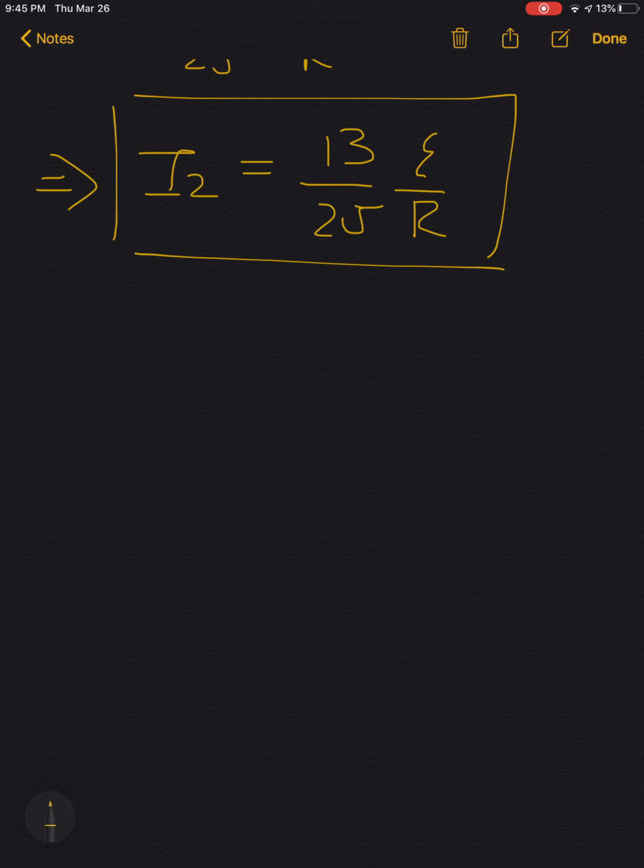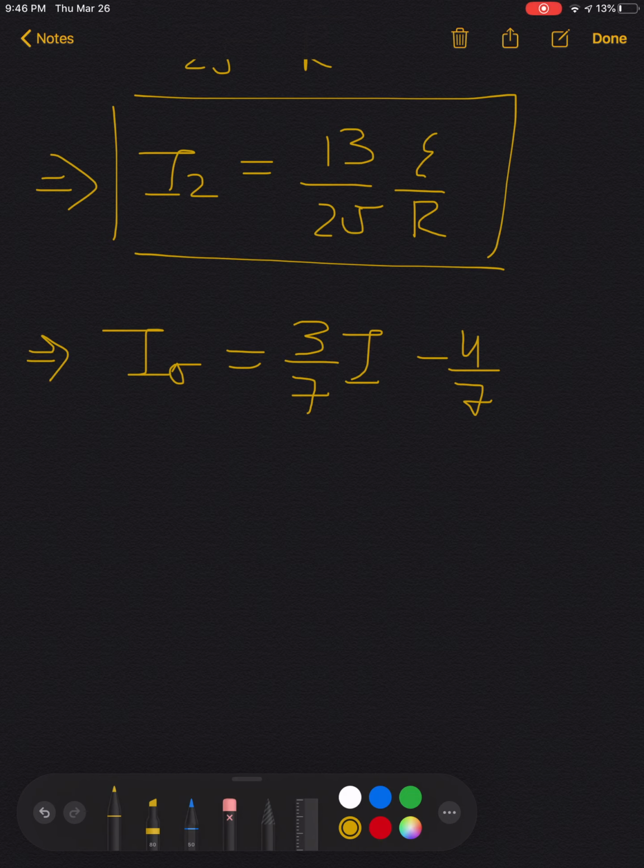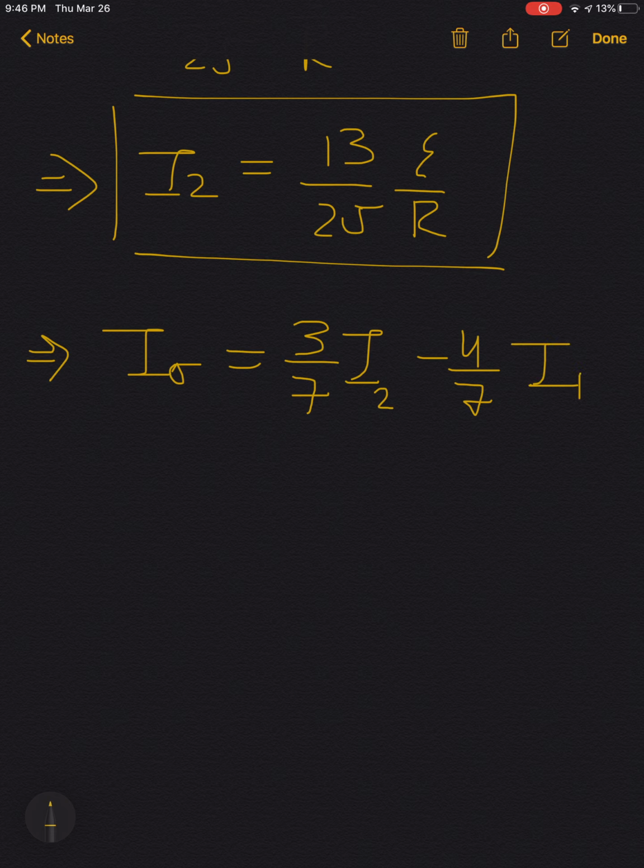And from equation 3 that we had all the way back when, we had shown that I5 could be equal to 3/7 I1 minus 4/7. Oh, I have that backwards. Guaranteed to make at least one mistake, I guess. So this one was 3/7 I2 minus 4/7 I1.